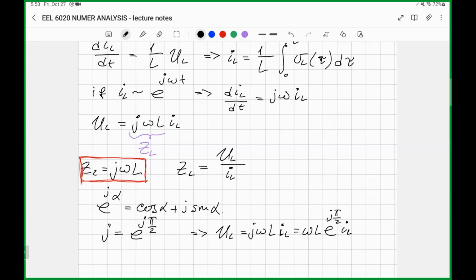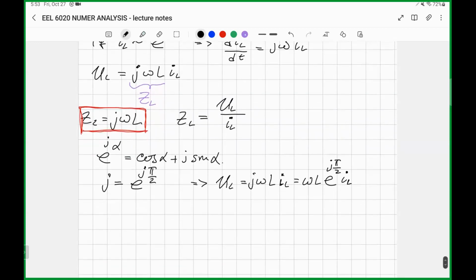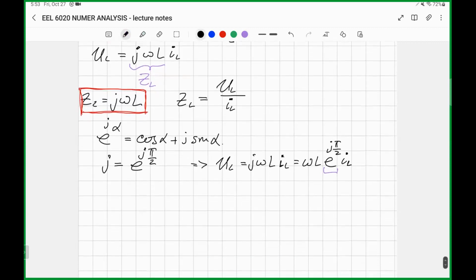So we see that this exponential factor contributes as a phase shift to the current, which means that the phase of the voltage leads the phase of the current.